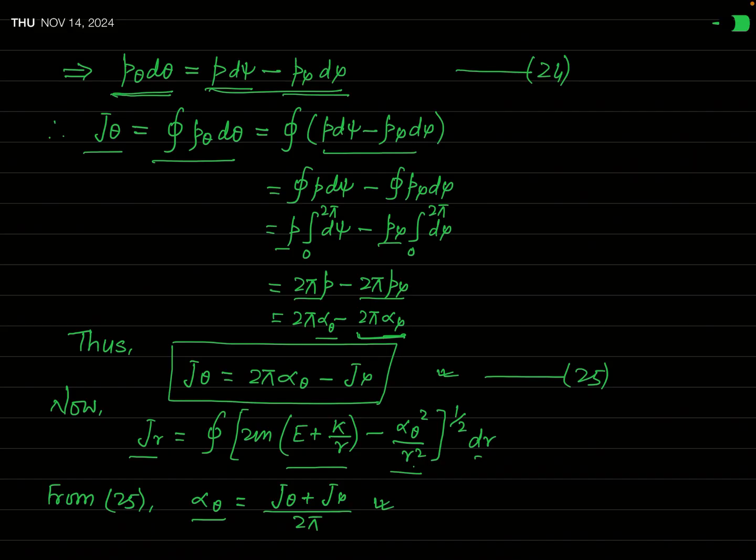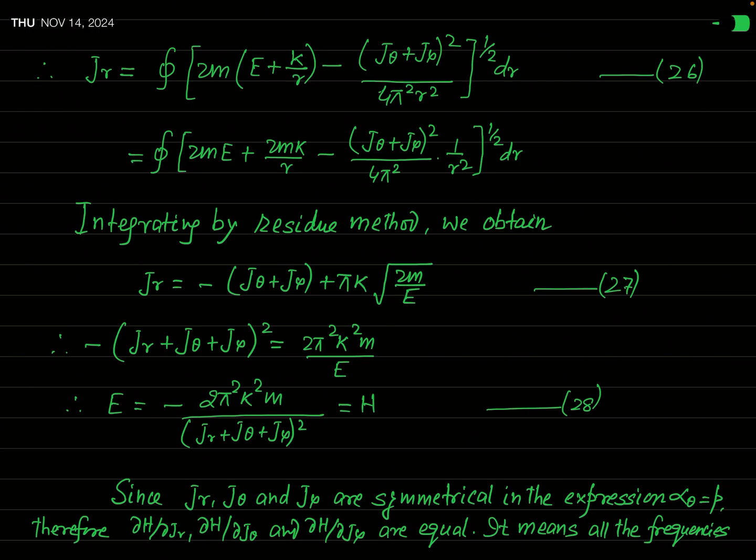Now let us substitute this value of alpha theta in this equation for j r, and therefore j r will be given by the integral for a complete cycle of the square root of 2m times E plus k over r minus j theta plus j phi whole squared over 4 pi squared r squared.